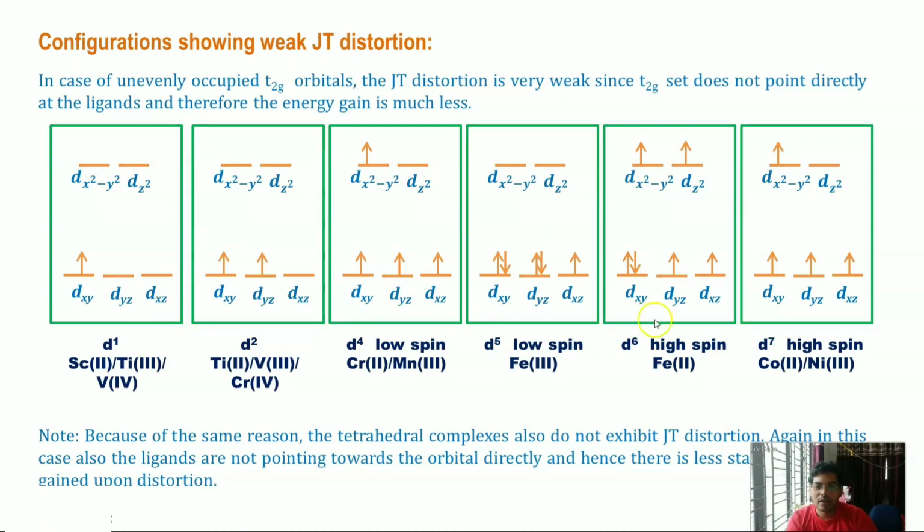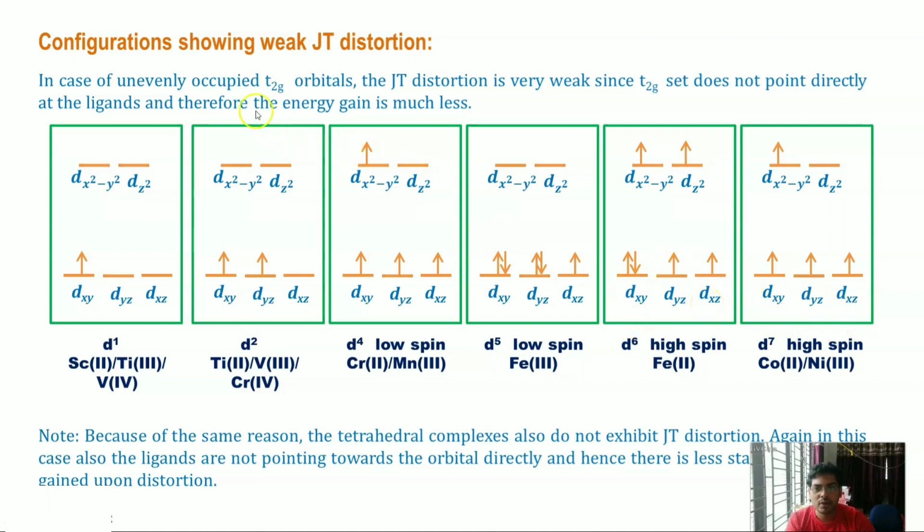Now look at the configurations where we get insignificant Jahn-Teller distortions. We get insignificant distortions where t2g electrons are unsymmetrically occupied. Skip the earlier cases, those are significant Jahn-Teller distortions. Now in the d1 system, d2 system, d5 system and d6 system, in all these cases t2g is unsymmetrically occupied.